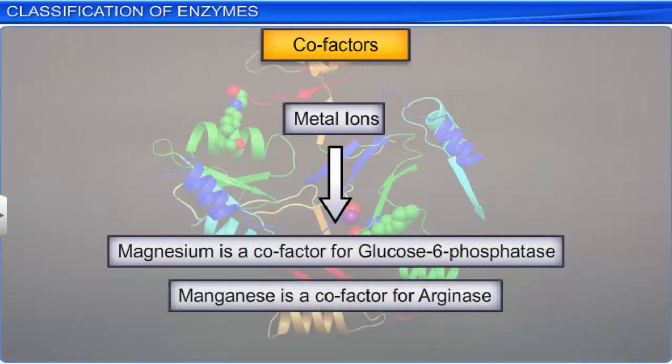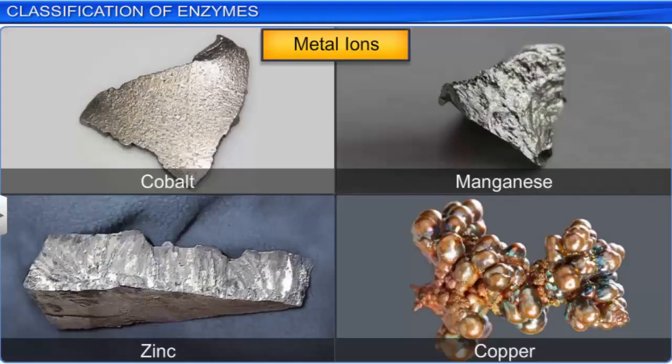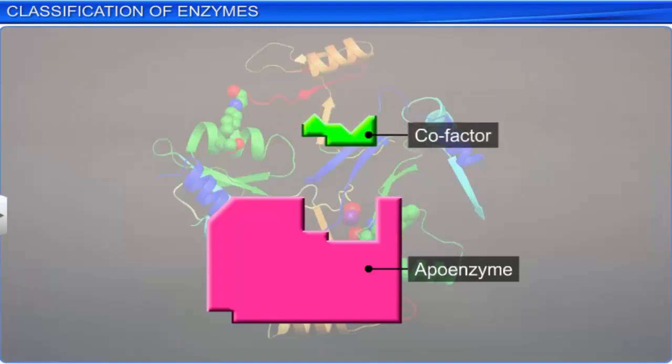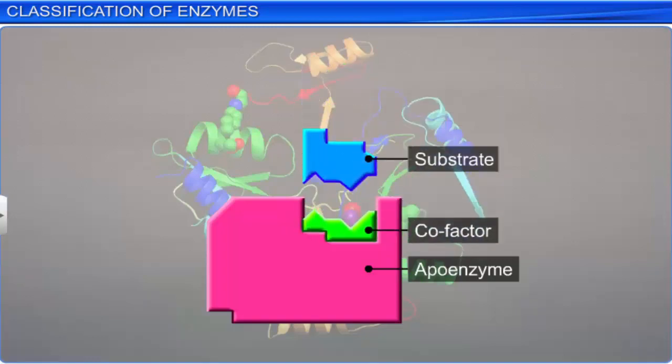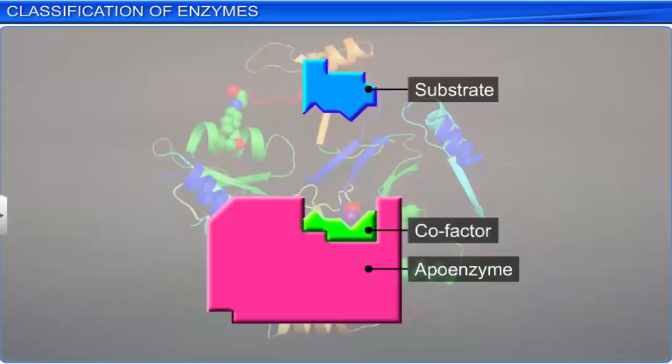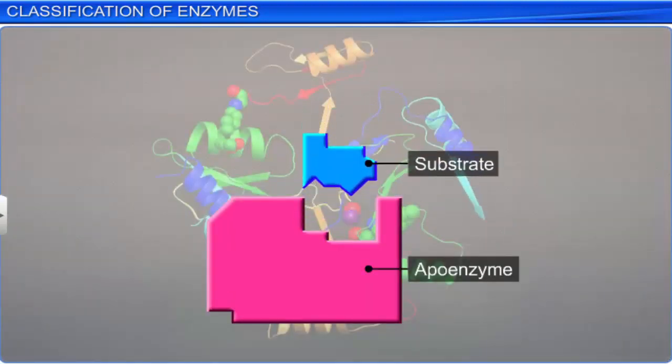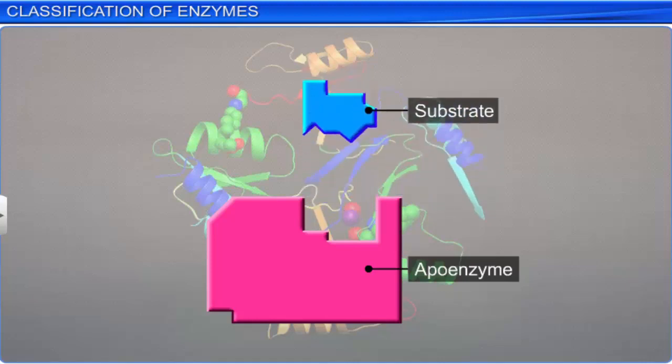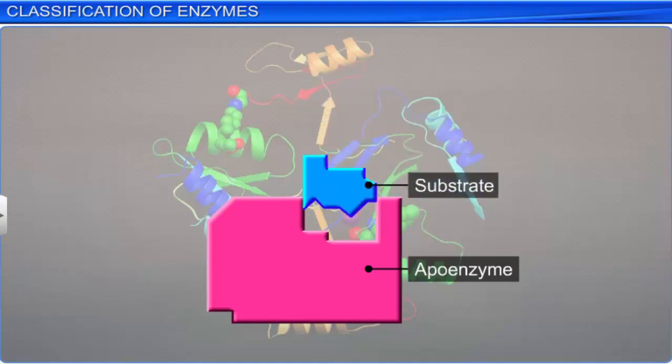Some commonly occurring metal ions are cobalt, manganese, zinc, and copper. A cofactor is very crucial for the catalytic activity of the enzyme. If the cofactor is removed, the enzyme loses its ability to perform catalysis. Therefore, the classification of enzymes provides information about reactions carried out by different enzymes.